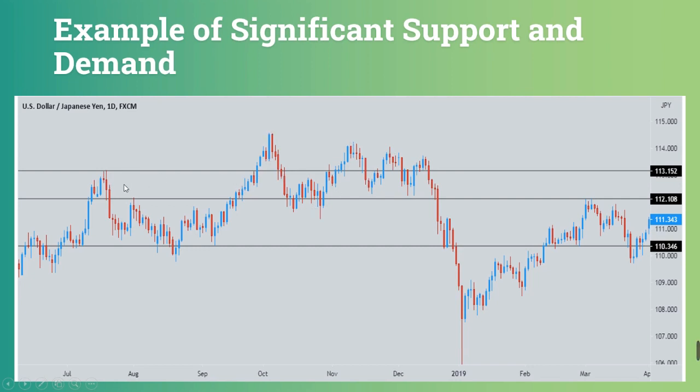It does not matter. Along this line there is a significant support and resistance. And if you look at a single candle like this, that is a very strong rejection. I didn't draw it over here, but this is also a significant support and resistance, a very strong rejection from the bottom. All right, so this is an example.